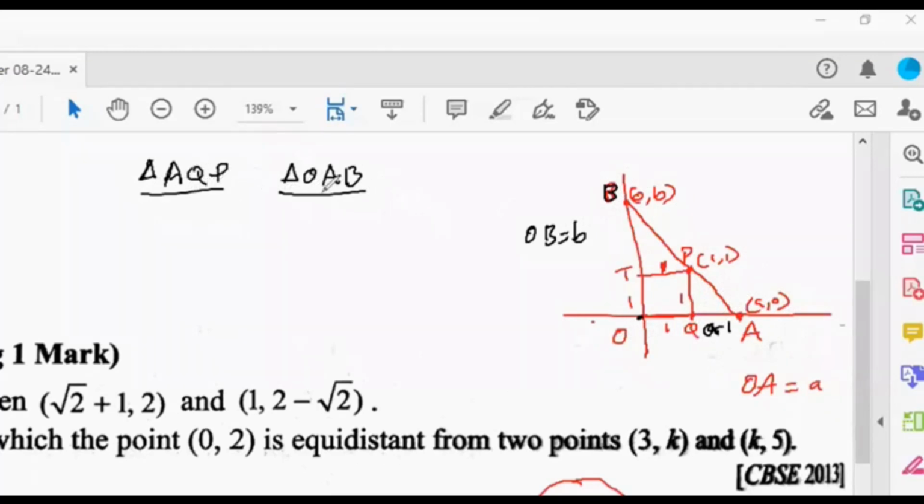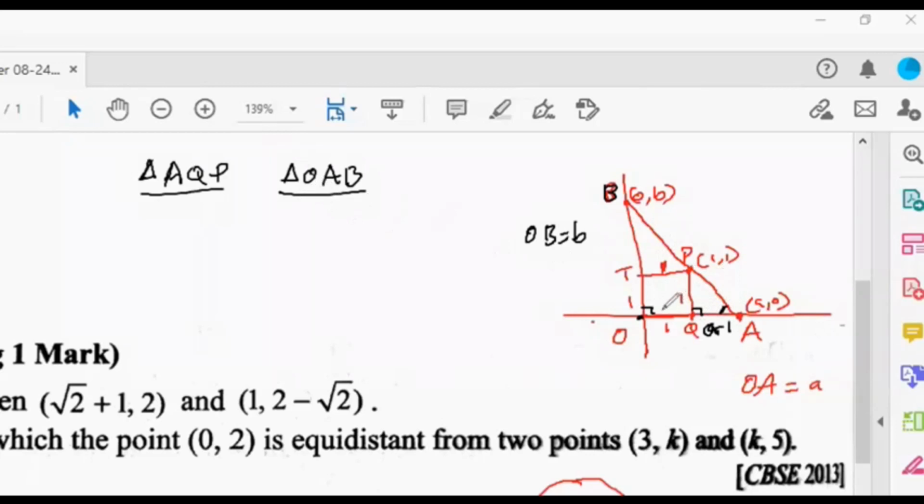One angle is 90 degrees in both triangles: in AQP there is a 90 degree angle, and in triangle OAB also there is a 90 degree angle. And this angle A is common in both triangles.